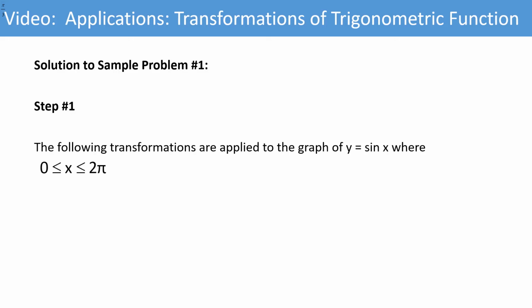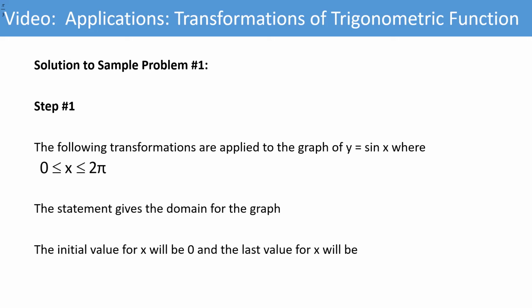As we stated earlier, the domain 0 ≤ x ≤ 2π gives us the initial value for x of 0 and the last value for x of 2π.